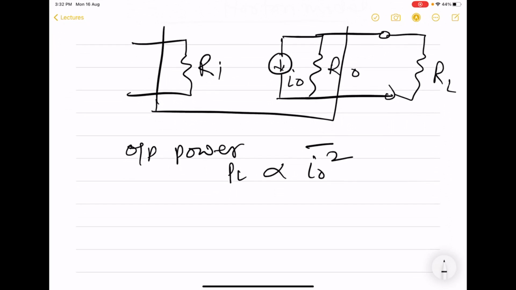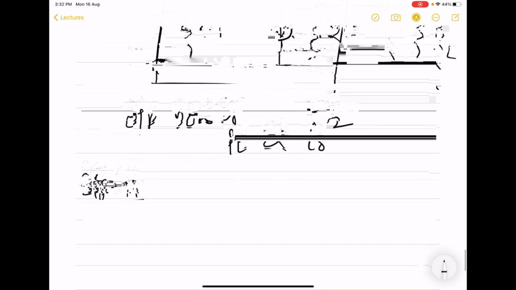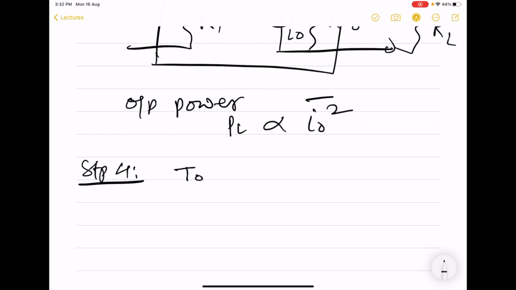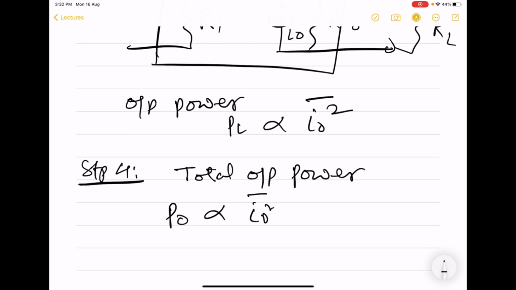So in step 4, E is going to be proportional to IO mean square, and this is going to be proportional to ION plus IO1N plus IOD mean square.